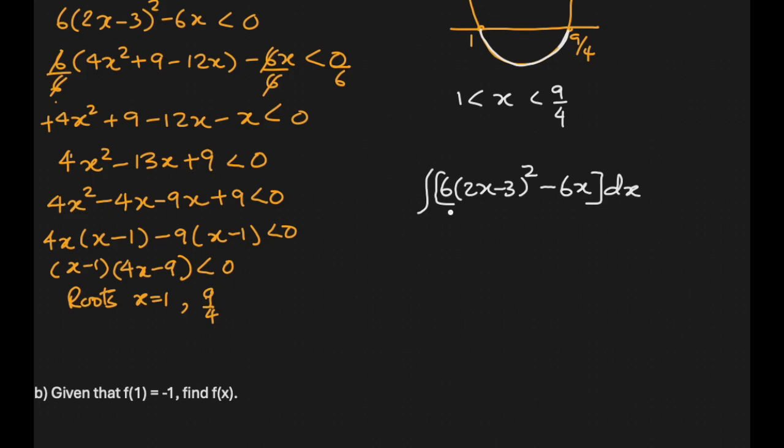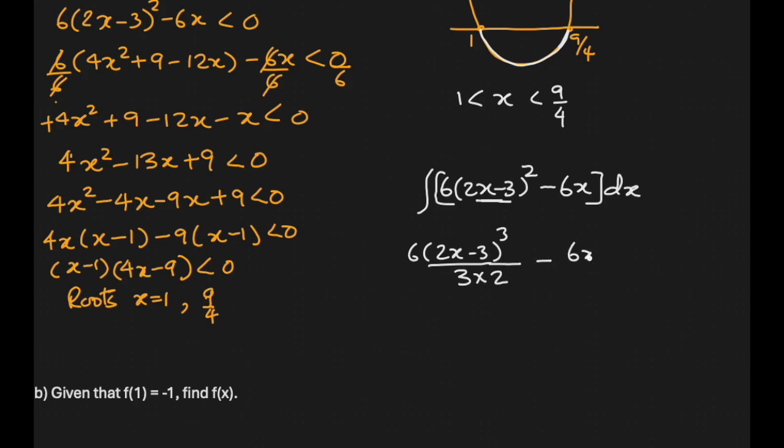Since this is linear, it will be easy, not a big deal. So 6 times (2x minus 3) cubed, the power goes up by 1, divide by 3, and further divide by the differentiation of this. Differentiation of 2x minus 3 is 2, because minus 3's differentiation is 0.